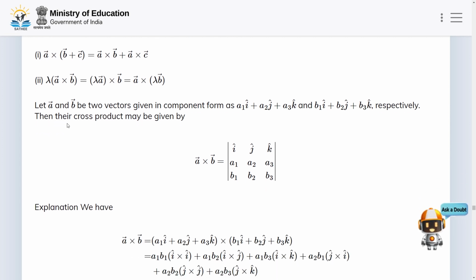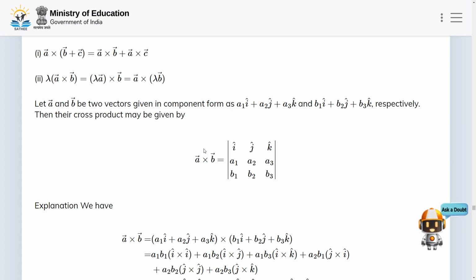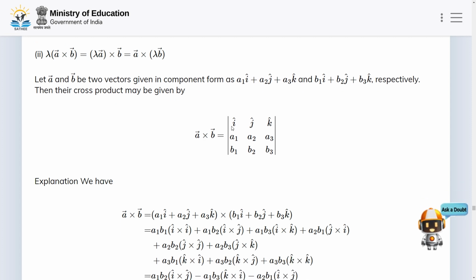Now how to find the cross product? Very easy. When you have the component form of the A vector as this and of the B vector as this, their cross product is given by the determinant where the first row is I hat, J hat, K hat, the second row is A1, A2, A3, the components of the A vector, and the third row is the components of the B vector.